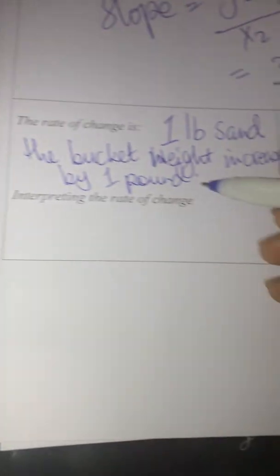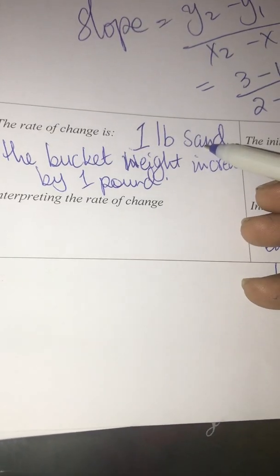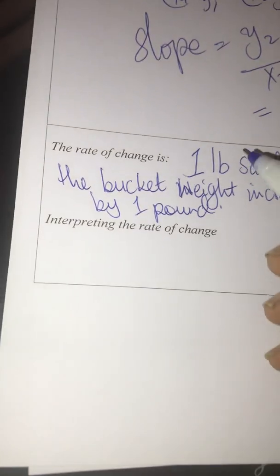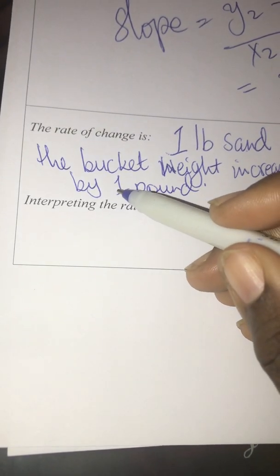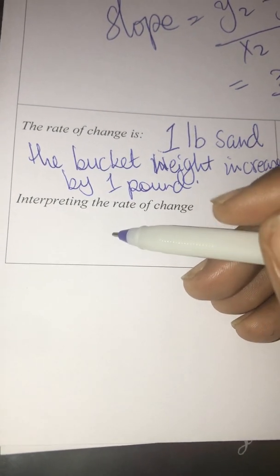Okay? So, the rate of change is 1 pound of sand per 1 pound of weight.